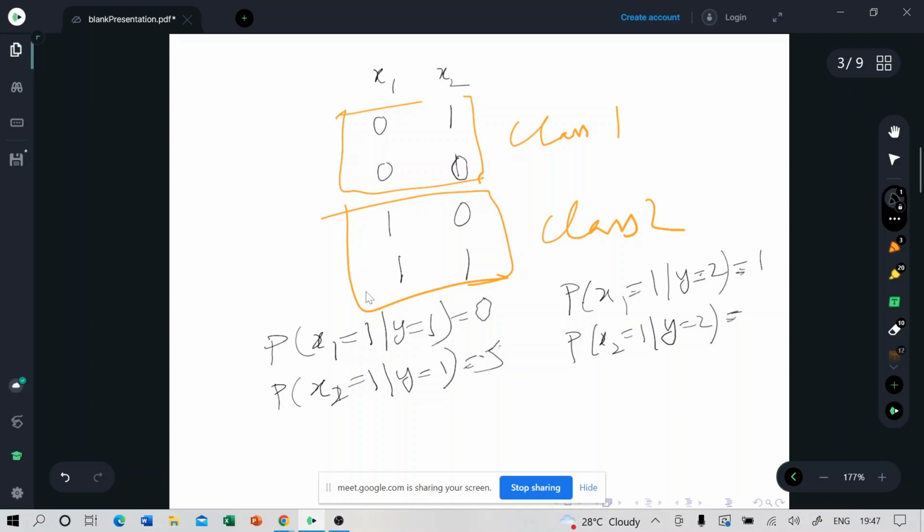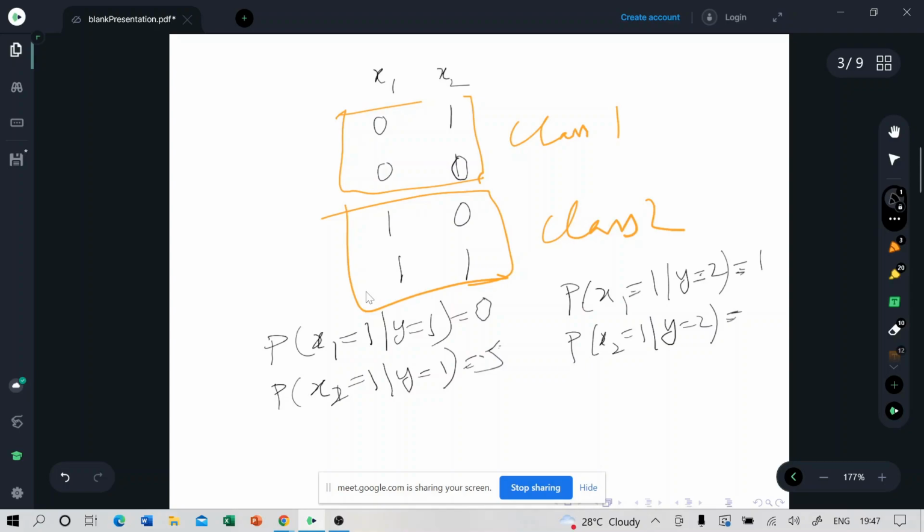Okay. Now I calculate the second probability. Probability of y equal to 2 given x bar is equal to probability of y equal to 2, times probability of x1 is equal to 1 given y is equal to 2, probability of x2 is equal to 0 given y is equal to 2, and probability of x3 is equal to 1 given y is equal to 2.